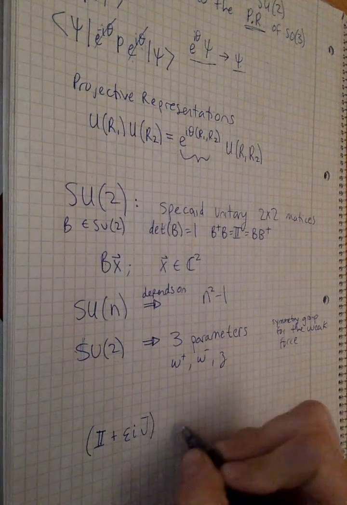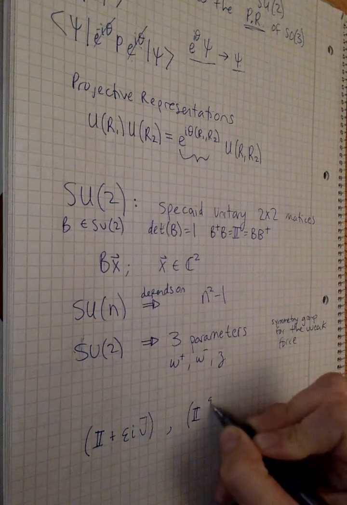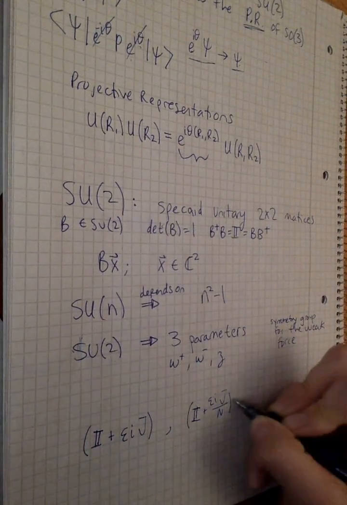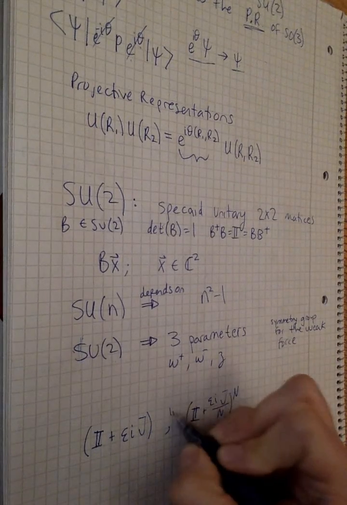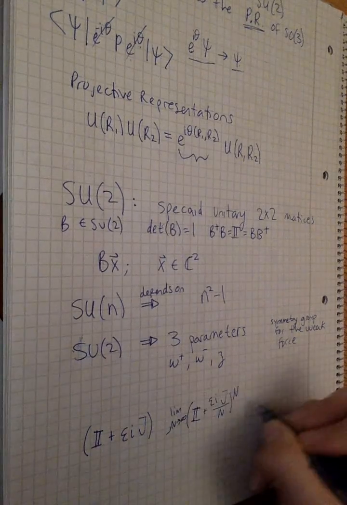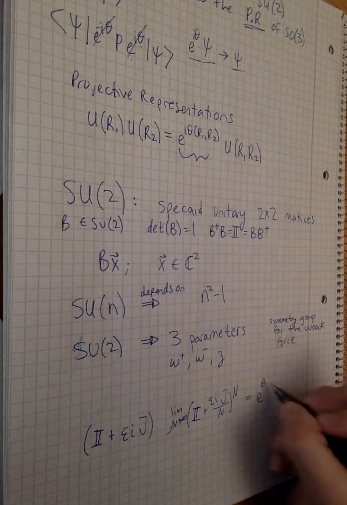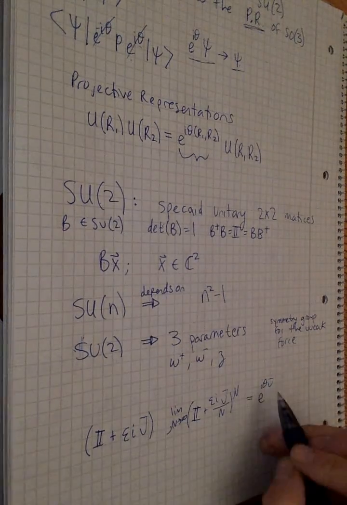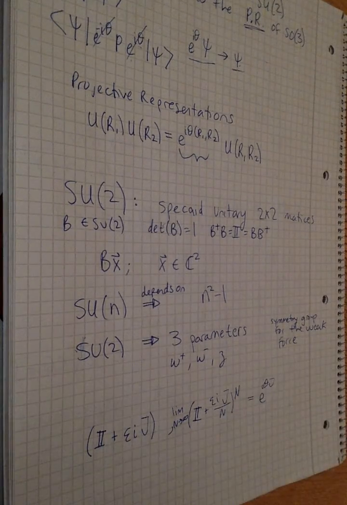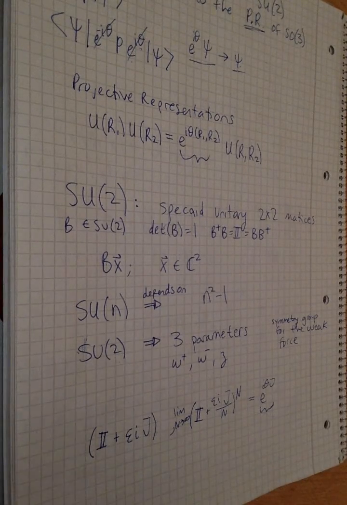So instead, we go in n steps, and then we take that limit as n goes to infinity, and we get somewhere. And we notice that this is equal to the definition of the exponential e to the i theta J. Theta now, because epsilon was infinitesimal, now we've gone some finite distance theta. And now this is an element in our Lie group.